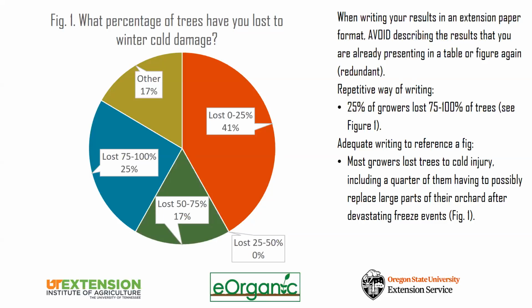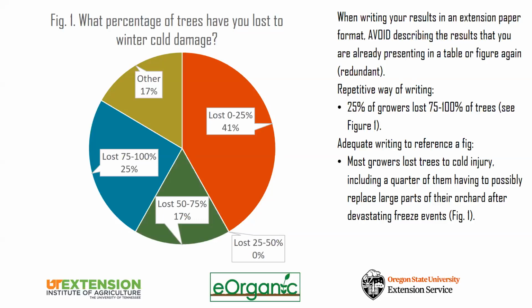If you were to write it like that, you're basically repeating what you have in the chart. So 25% of growers lost 75 to 100% of their trees. Try to avoid that because that is already shown in the figure.